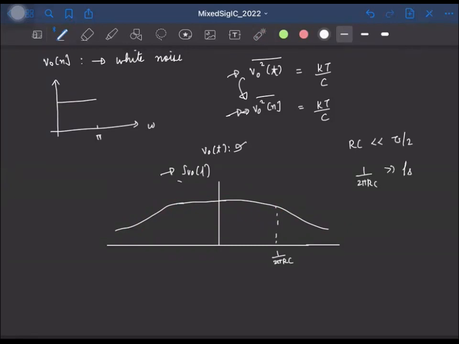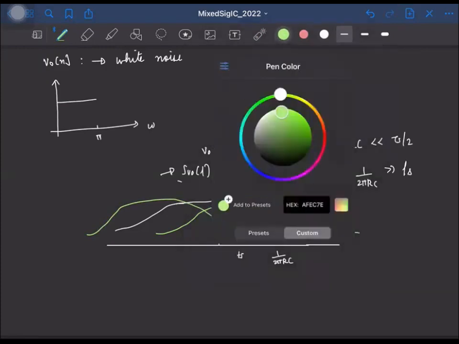Okay. So what will happen because of that? Let's say this is my fs. So the spectrum will get shifted to the right like this. Similarly, we'll have one more copy like this, shifted to the left. And again, we'll have more copies shifted around multiples of fs. Okay.